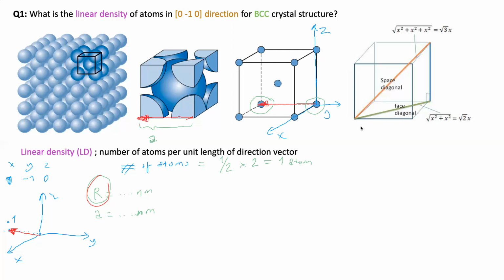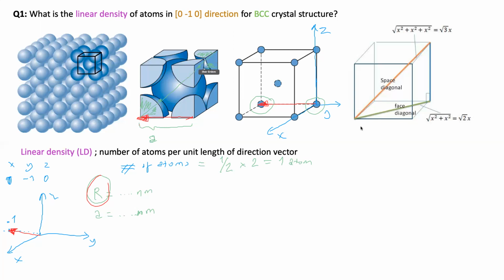On this diagonal, they're touching each other. So the atom on this corner is touching the central atom, and the central atom is in touch with this atom on the corner on the space diagonal.